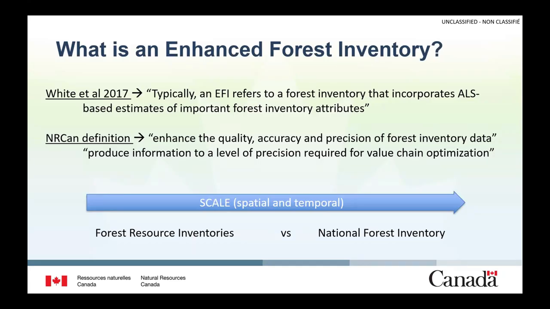Our forest resource inventories, which have a bunch of different names across the country, use the best information available to characterize and map at the finer scales needed for resource management. So they're focused on the current condition for forecasting timber supply. This information is mostly used by provincial and territorial governments and industry for decision making. So today's focus is definitely going to be more on this forest resource inventory scale.